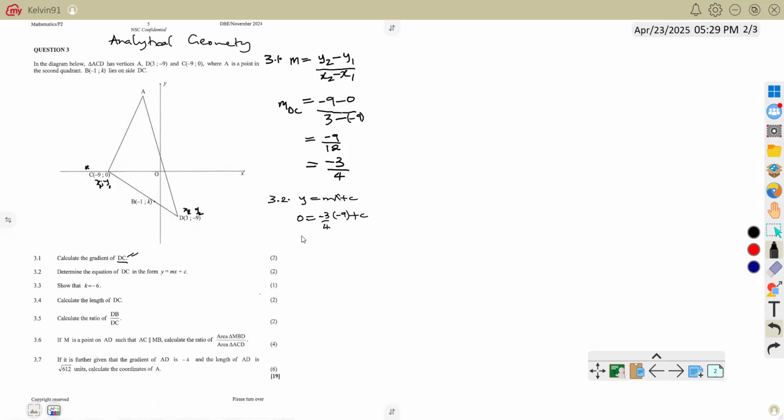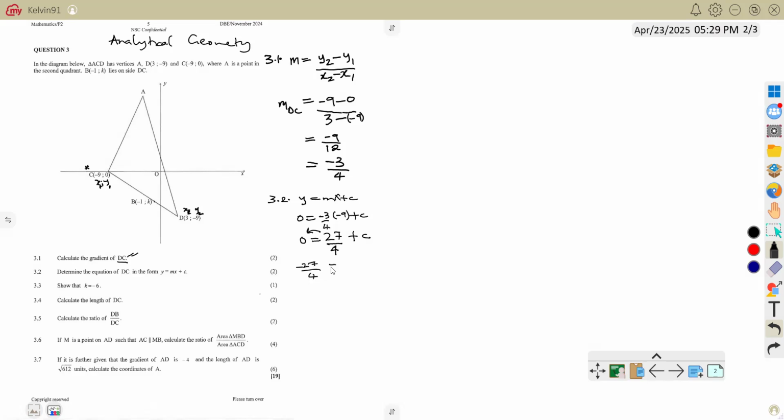So in this case, you are left with 0 equal to this times this. You can use your calculator. It's going to be 27 divided by 4, plus c. Therefore, when you transpose this one to that side, it means your c is equal to negative 27 over 4.